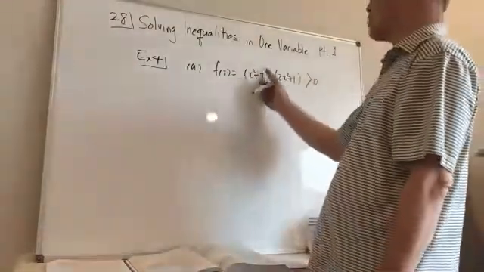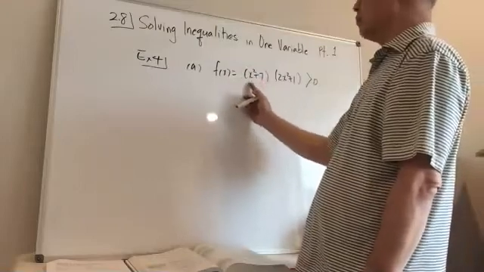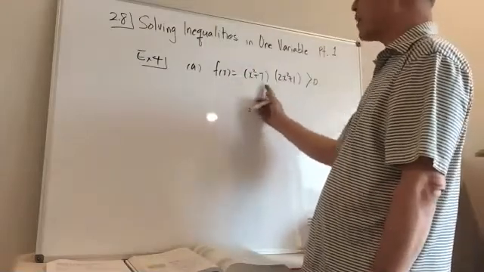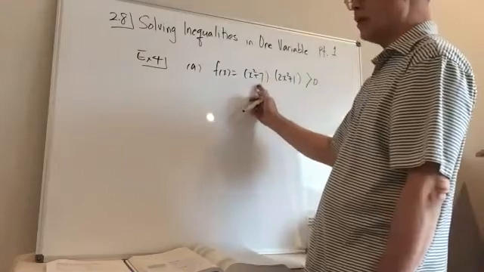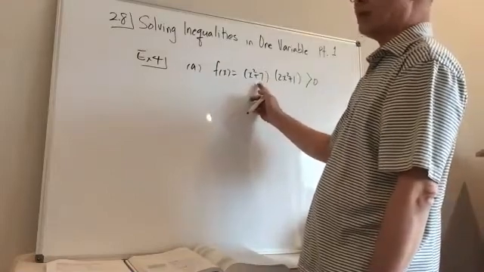Well, this guy here is always going to be greater than 0. It's positive. As a matter of fact, it's always going to be greater than 7. The smallest this could be is 7.